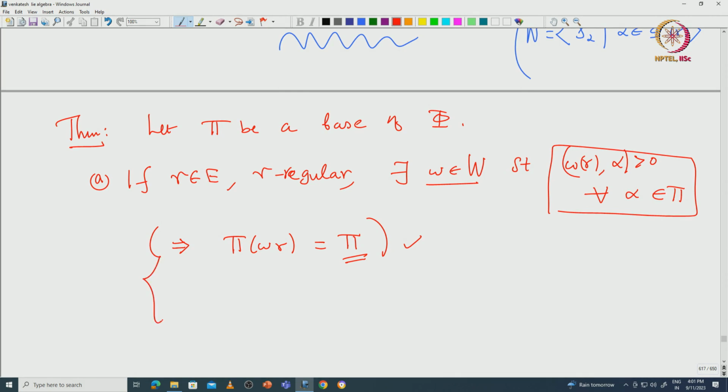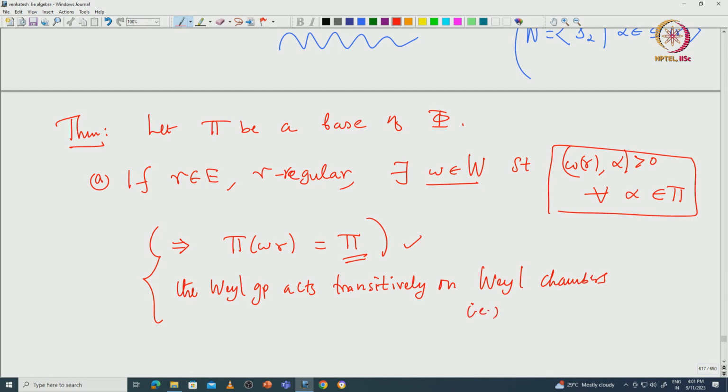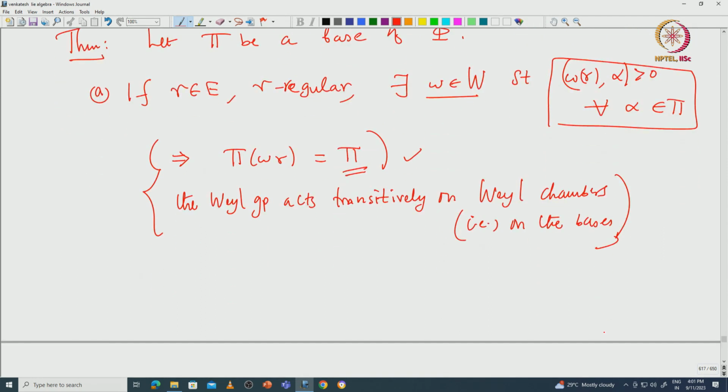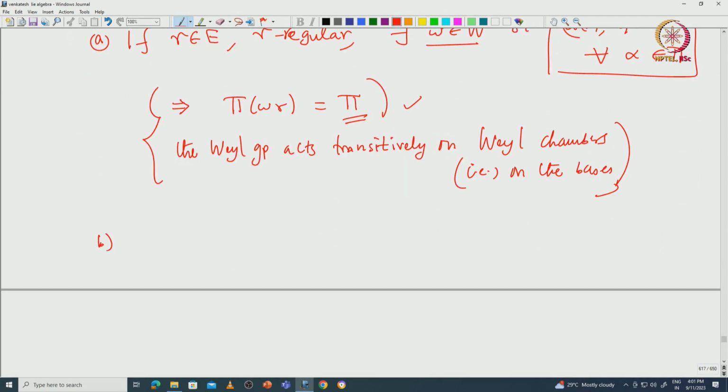In particular, the Weyl group acts transitively on the Weyl chambers. So that is again on the basis. What is the second statement? Again it says the same thing.